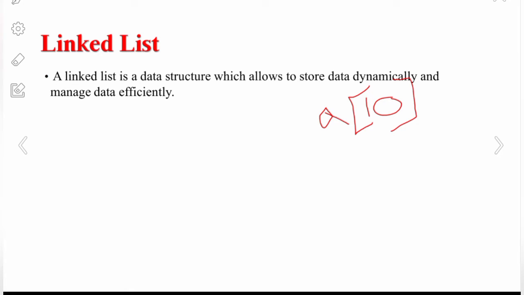But in the case of the linked list, there is no need of mentioning the amount of data required. The compiler will dynamically allocate the memory requested by the user. To manage the data efficiently means a linked list can grow and shrink in size during its lifetime.